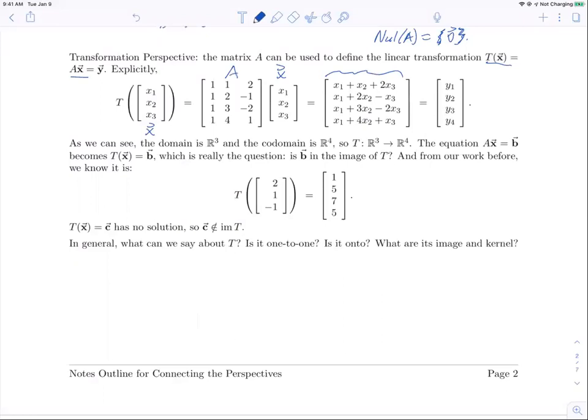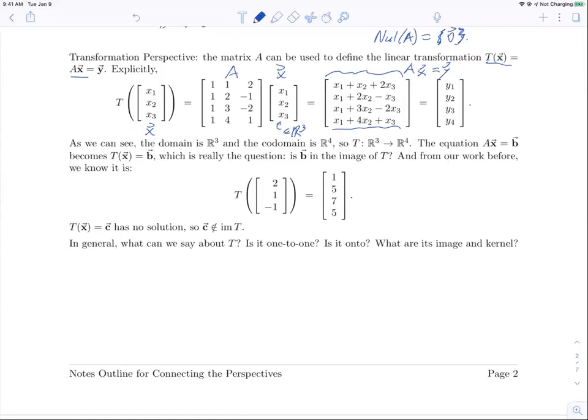You're plugging in, this lives in three-dimensional space, and whatever numbers you plug in for x1, x2, x3, they go into this formula and you get y1, y2, y3, y4. So the inputs are the x's, the outputs are the y's. Notice that this is really just the left-hand side of the system of equations. It really is like Ax equals y up here.